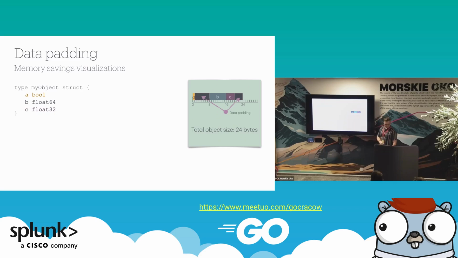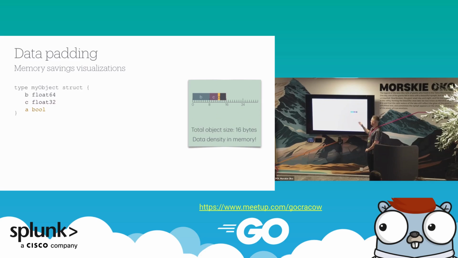In fact, since we control it, there is a rule of thumb that says we need to structure our objects from the biggest to the smallest to achieve the best memory arrangement. And now the data takes only 16 bytes, and you can see that we don't have so many empty padding bytes.